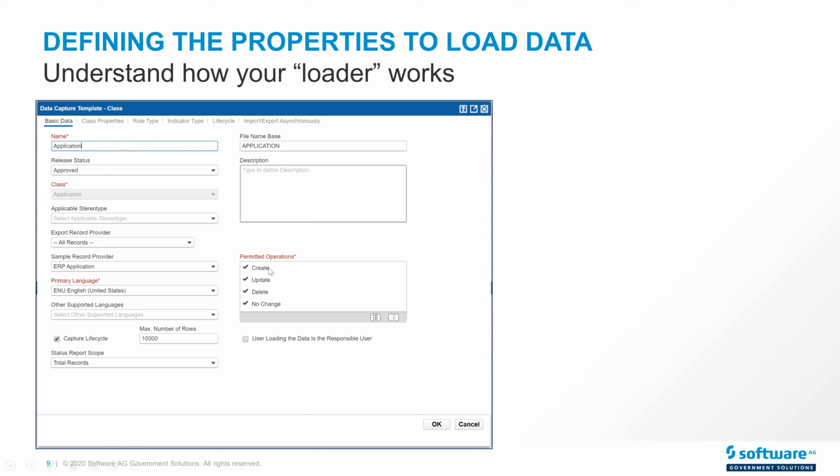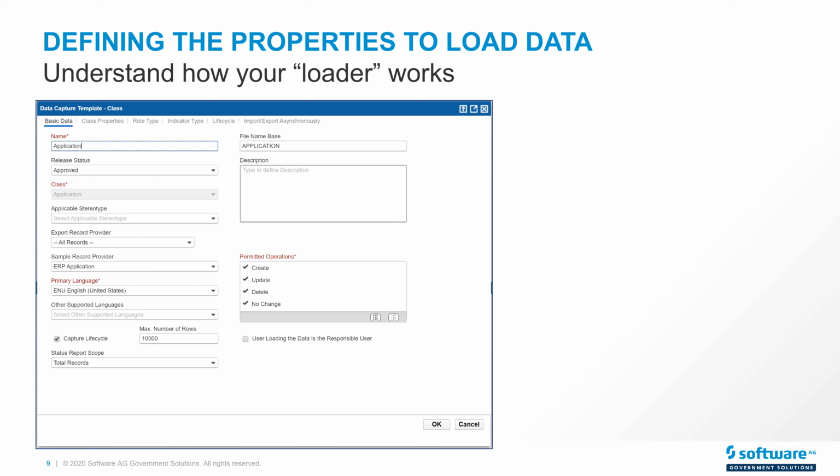And then in the data loading spreadsheet itself, I want to specify the operation. Is this for creating a new application record in my EA tool? Or is it for updating a record in my EA tool? Or removing a record, such as deleting from the EA tool? Or don't process this row, there are no changes required for this row.